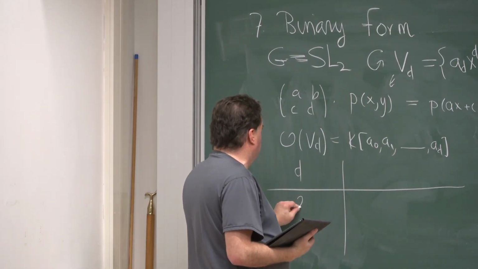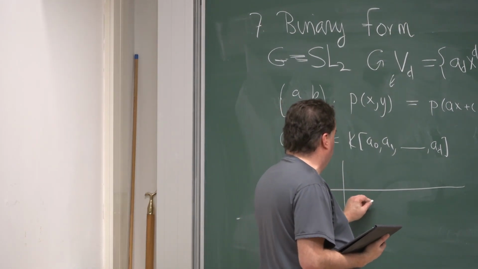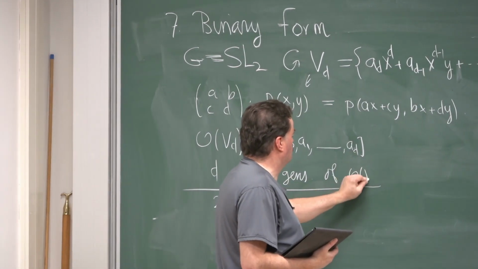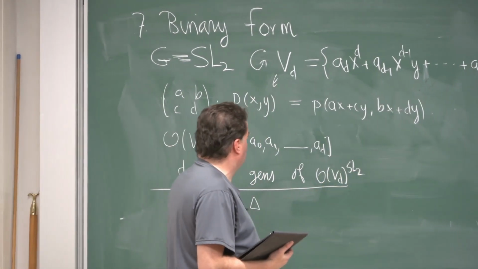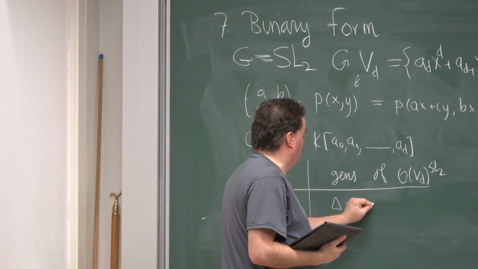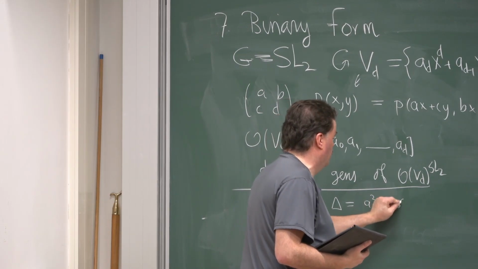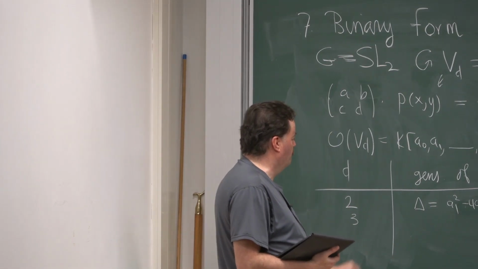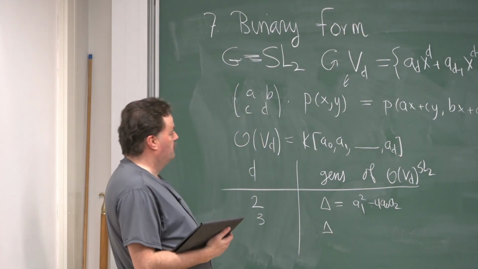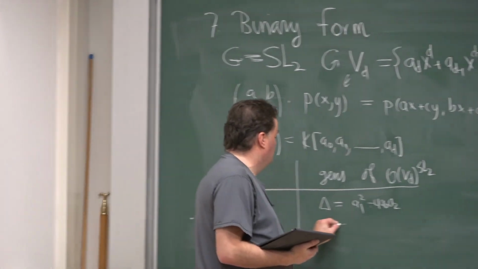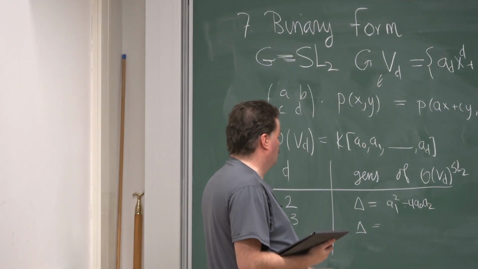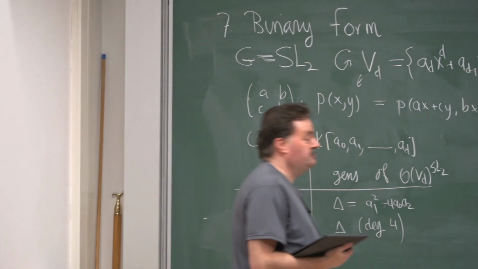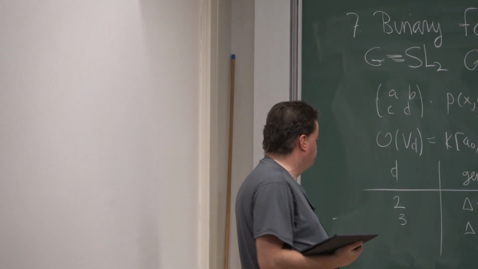For example, for d is 2, then the invariant ring is generated by the discriminant, which is a1 squared minus 4 a0 a2. Now for degree 3, we also have a discriminant, which is, well, I'm not going to write it down. Also don't know it by heart, but it's some degree 4 polynomial.